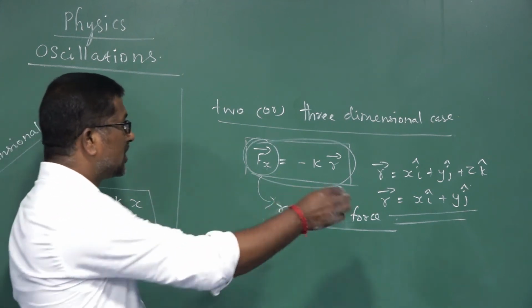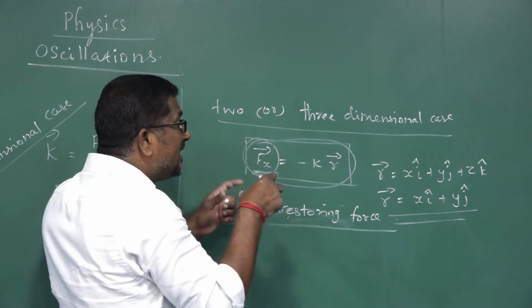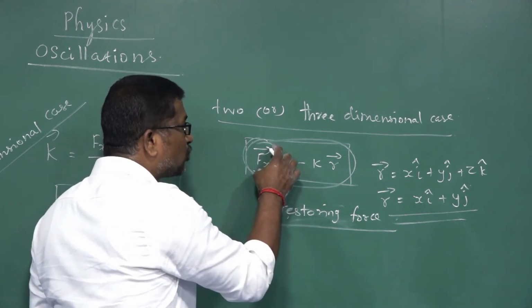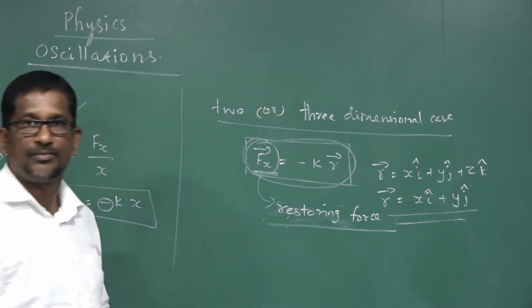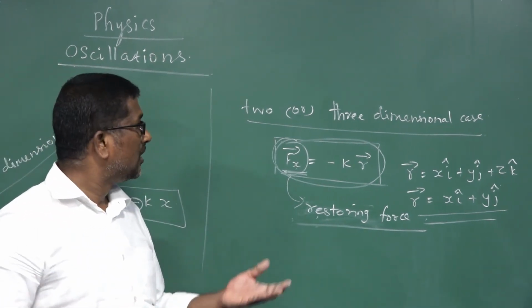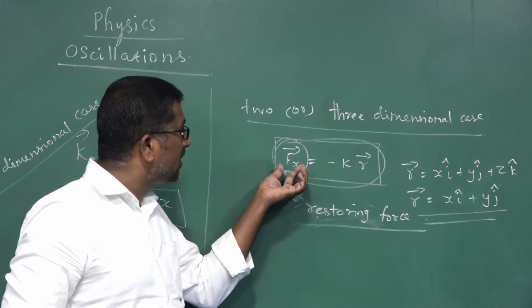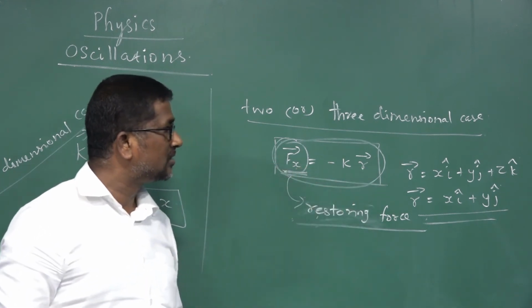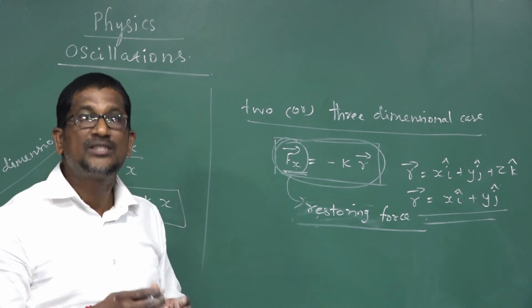Here there is a linear relationship between this restoring force and the displacement. Linear relationship means if you draw a graph between the restoring force and the displacement, the nature of the graph is always a straight line.